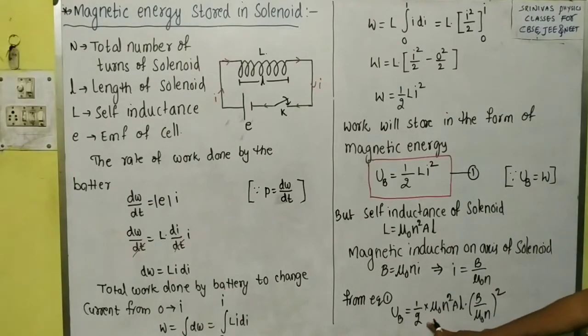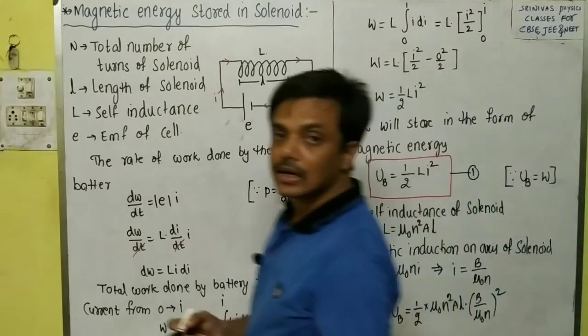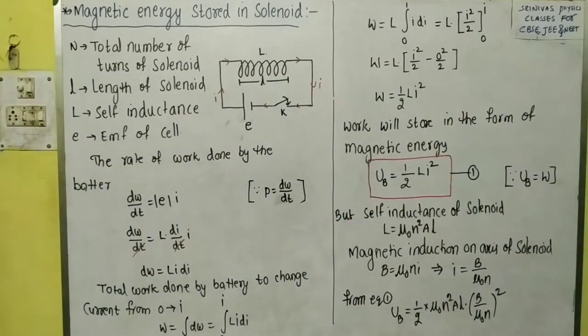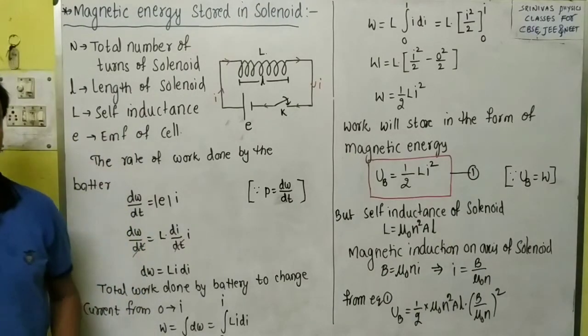This is from equation 1. We are substituting this capital L and this I formula, and then you can simplify. Then we will get some other formula for the magnetic energy stored in the solenoid. You take the screenshot, and I will continue after rubbing the left side.